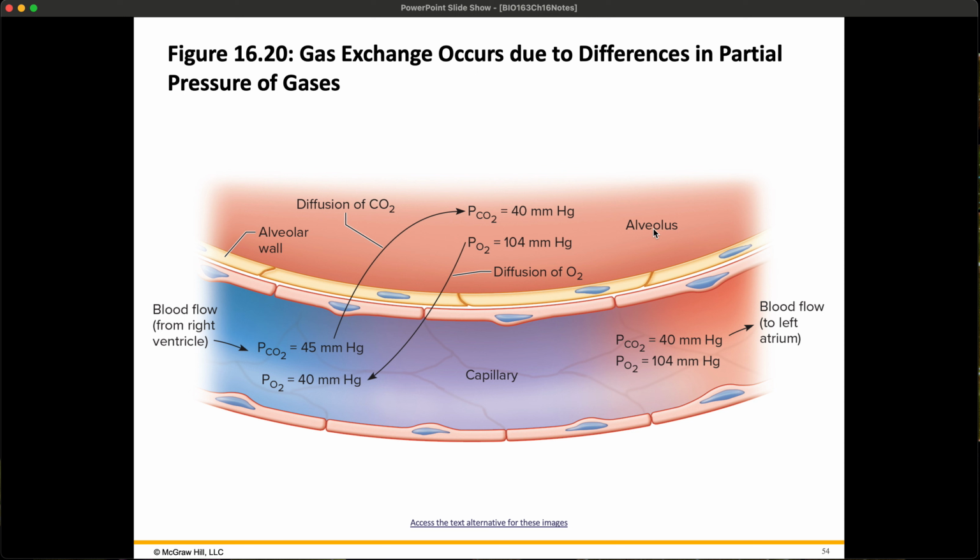In the alveolus, which represents the outside air, your PCO2 is 40, so 45 is higher than 40, and carbon dioxide will move out. Your PO2 in normal air is 104 compared to 40 in the capillary, so oxygen will move into your capillary. By the time you get to the other end, going back to the heart, your CO2 is back down to 40 and your PO2 is at 104.